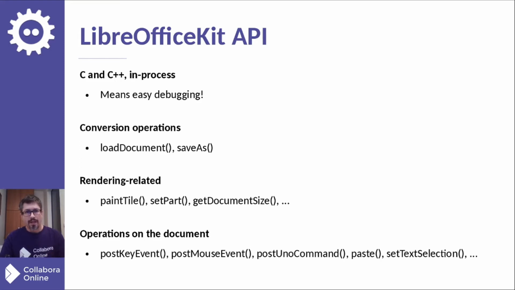The API allows very simple calls like load document or save as, but also has the possibility to render things using paint tile.